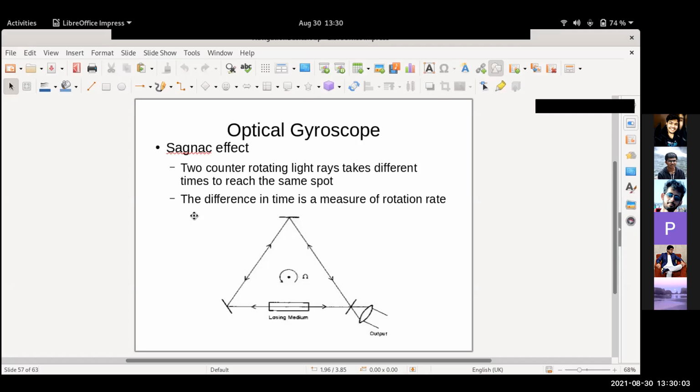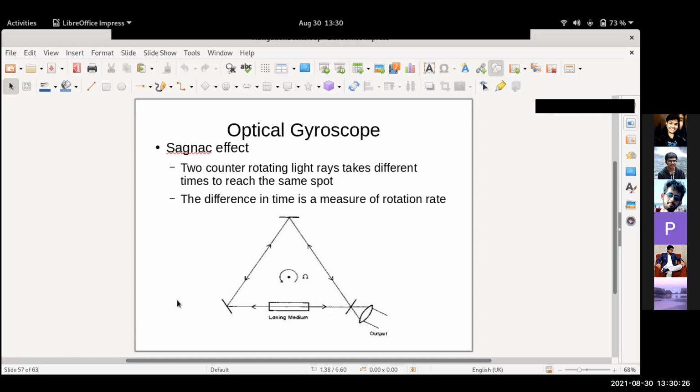If it is a regular triangle, then you split it at 60 degrees, and then it goes around. These flat objects here are also called reflectors. They reflect the light to the direction which is required, which is shown here.